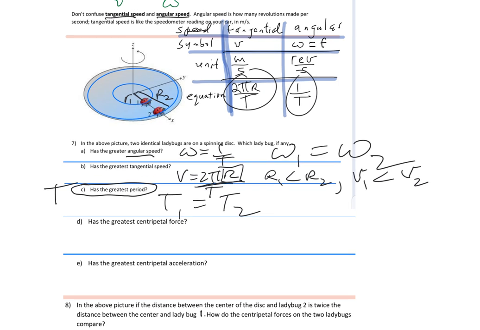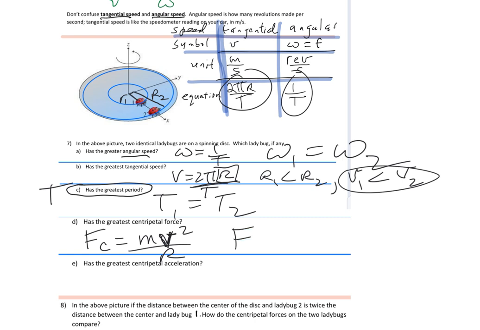Who has the greater centrifugal force? Well, centrifugal force is mv squared over r. So whoever has the bigger V has the bigger centrifugal force. So we can use what we just said about velocity.